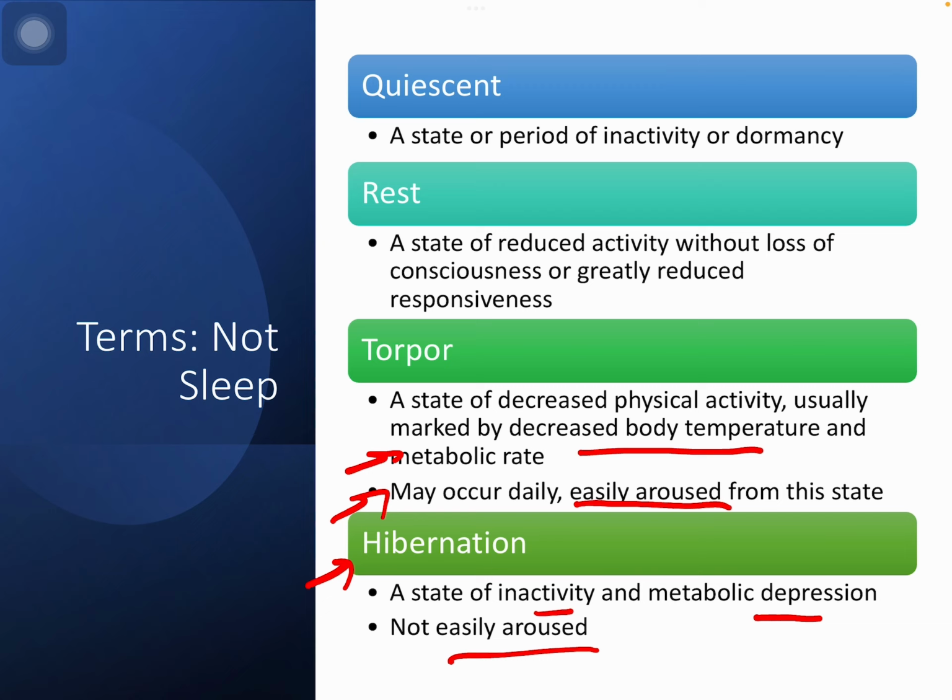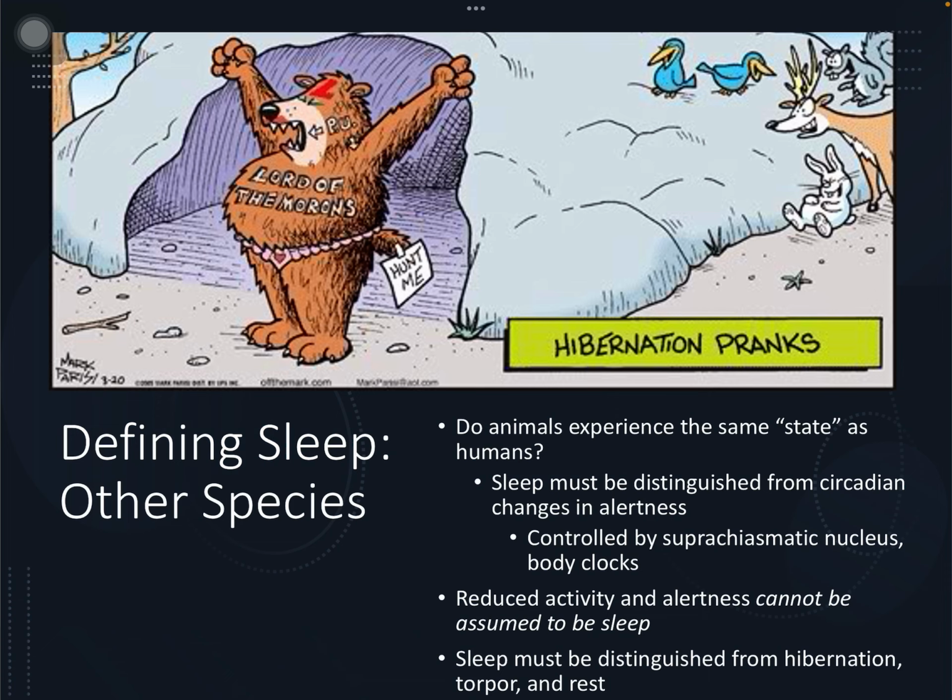And so we see their metabolic processes slow down and allow them to survive, for example, a winter. And of course, in this case, we do know that animals actually sleep during hibernation. So hibernation in and of itself is not considered sleep, but we do actually see animals go through different stages and types of sleep while also in the hibernation state.